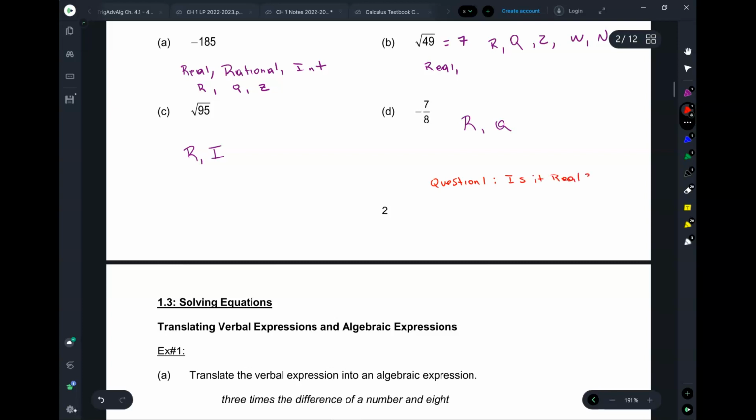Which again, right now they're all going to be real. Question 2 will be, is it rational or irrational? Okay? If it's irrational, it stops. Then if it's rational, you have some more to do. Okay? All right.